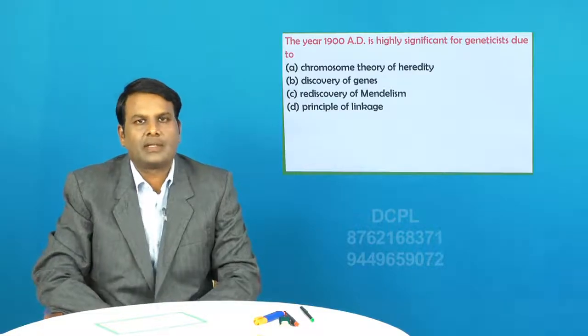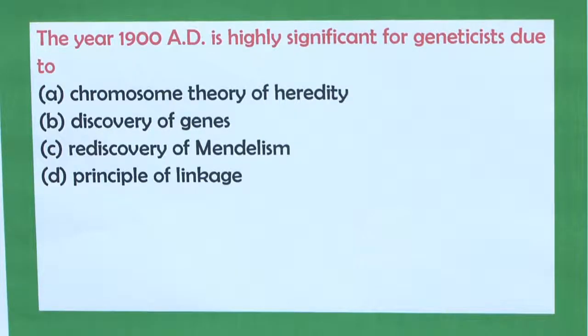Dear students, let us take up another question. The year 1900 is highly significant for geneticists due to: option A, chromosomal theory of inheritance; option B, discovery of genes; option C, rediscovery of Mendelian principles; option D, principles of linkage.